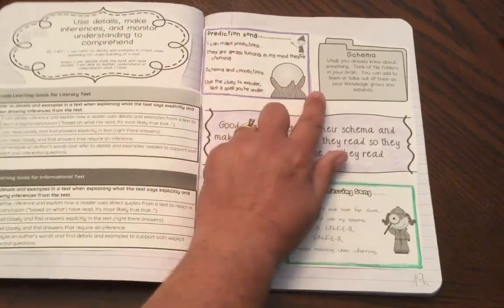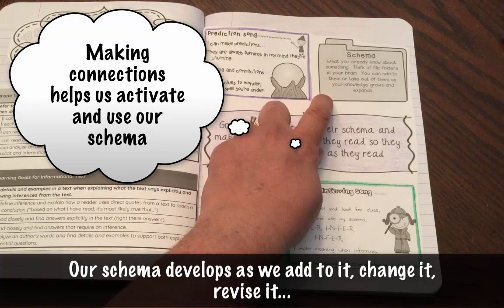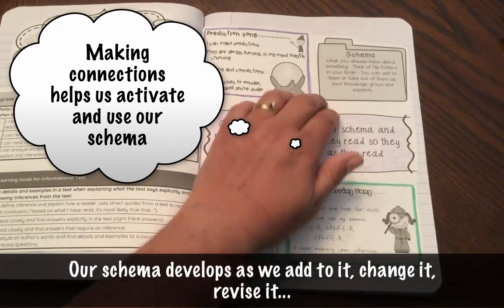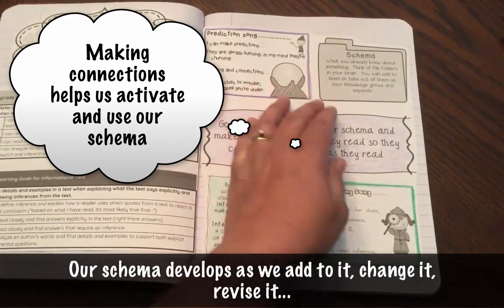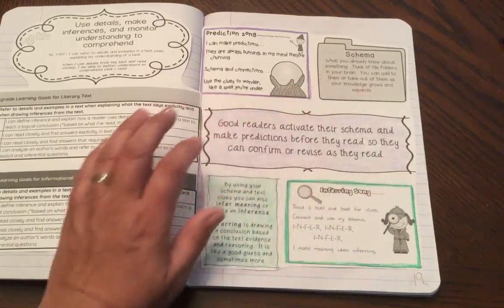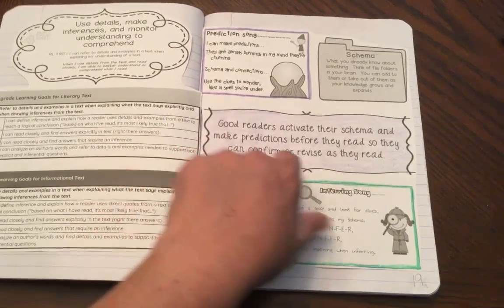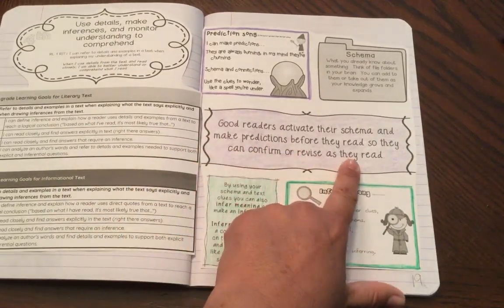And we predict. We also connect to what we already know. We activate our schema because our schema is going to grow as we add to it and as we revise or change our information when we learn more. Good readers do this so that they can confirm and revise as they read.